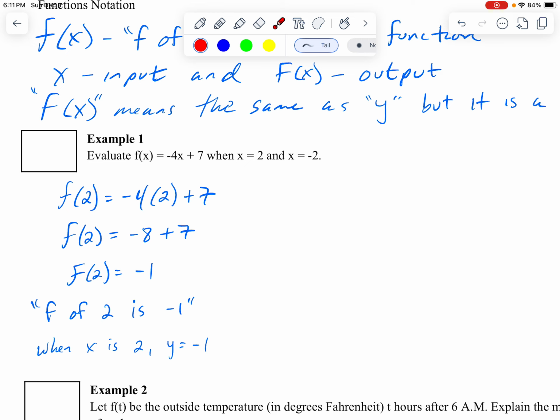Again, we're really not doing anything different. It's just wrapping our head around this notation and the way that we say things and the way that we use this. So we also want to do the same thing when x is negative 2. If you're doing this for the first time, I would recommend pausing and trying this on your own, and then coming back and watching.